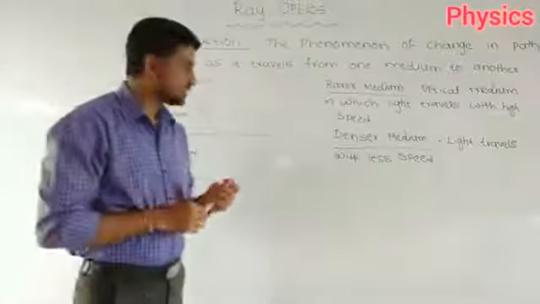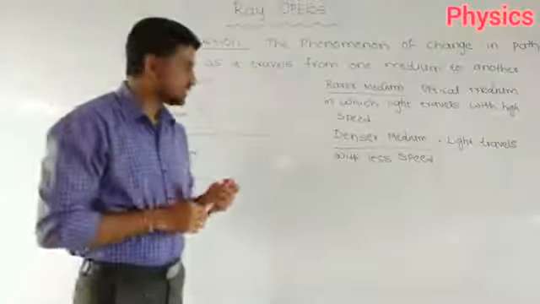That refracted ray is like this. In this case the refracted ray is not nearer to the normal, it bends away from the normal. And the angle between the normal and refracted ray is called the angle of refraction, r.